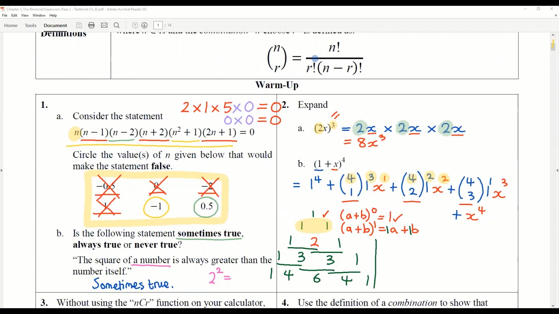Now, just to finish this off, let's write the whole thing out. It's a nice method, Pascal's triangle. Not very practical if you have 1 plus x to the power 20, but there you go. So our final expansion is going to be 1 plus 4x.